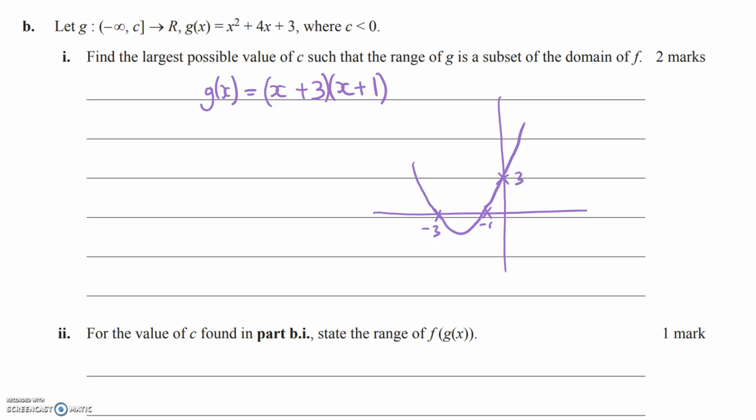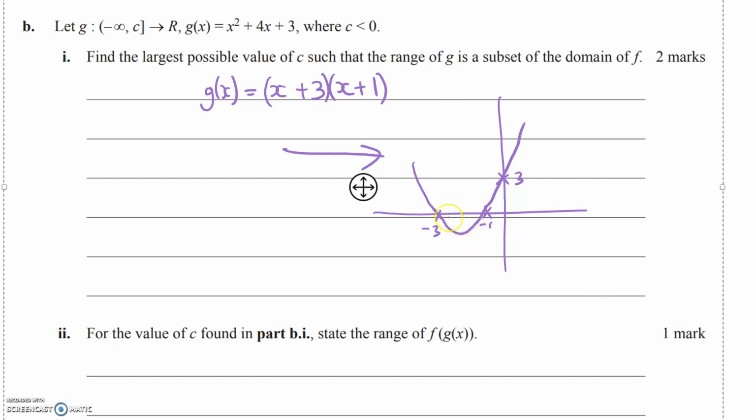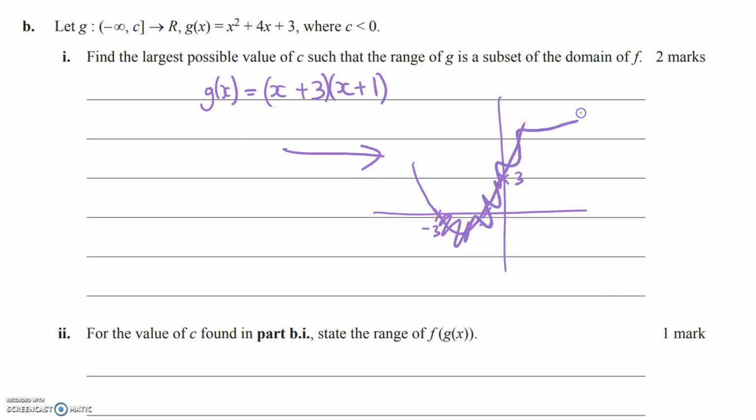Considering I'm coming from negative infinity because of my domain over here, to keep the range of g positive, the furthest I can go without going into this negative zone is right up to the point where I become -3.